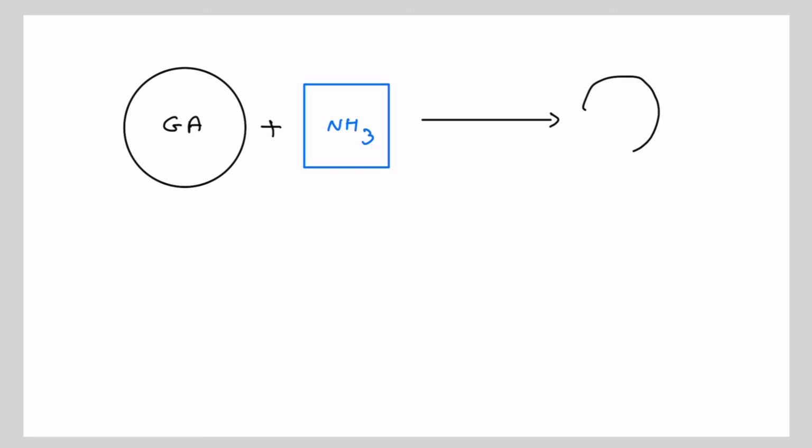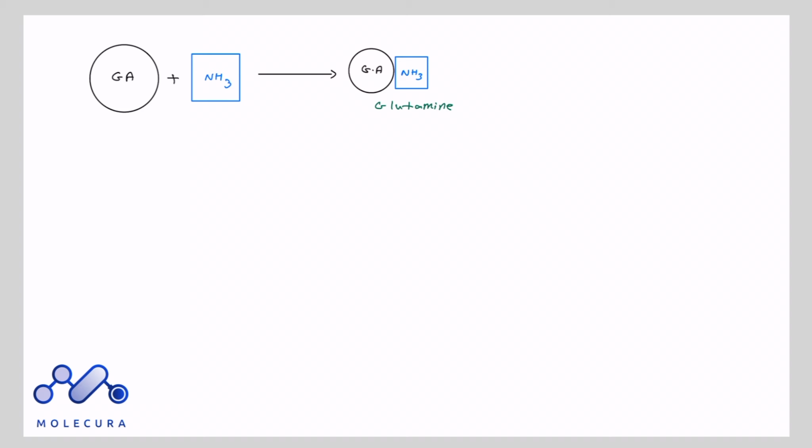So what we will have as the end result is glutamine. Here we have our glutamic acid, here we have our NH3, and these two together are going to be called glutamine. This reaction is important in the body for detoxifying ammonia and also to carry nitrogen through the body.